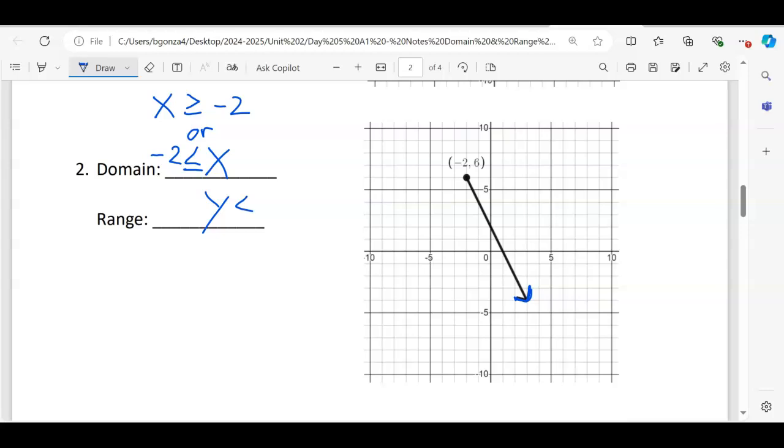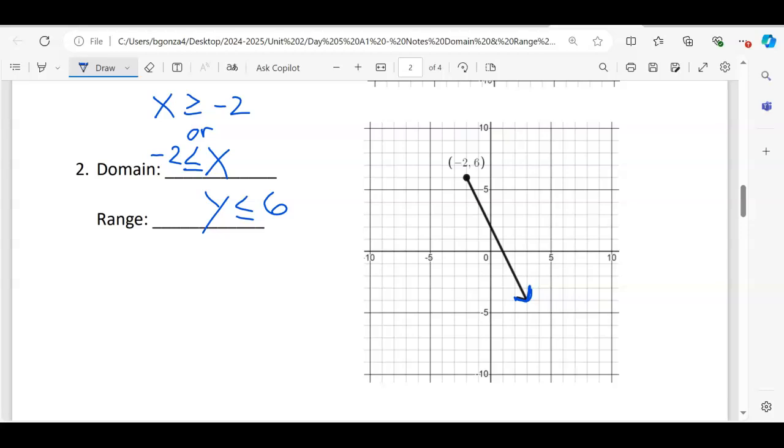And how far up does it go? This is 6. It's shaded in, so we're going to underline it. This, my friends, is it. There is nothing on the left side of the y because there is no bottom. It just keeps going down forever and ever. Okay, that's it.